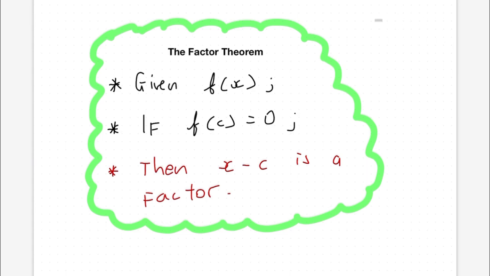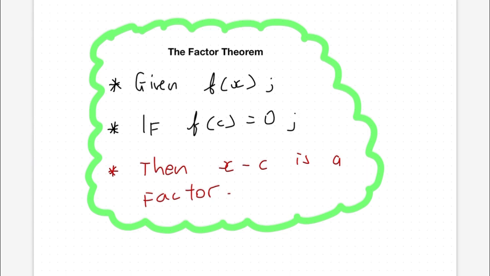We know that if we plug in f of c, that can help us find the remainder if the divisor was x minus c. Because remember, if x minus c is equal to 0, then x is equal to c. If you plug that in, you get the remainder. So just keep in mind that if f of c is 0, then x minus c must be a factor.